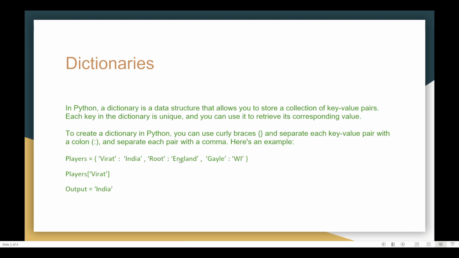Another one is Root, then we have used this colon, and then England, Gale, and WI, West Indies. So if we want to retrieve the value inside a key, we will simply write players, use the square brackets, and inside that if we write Virat, then the output would be India.